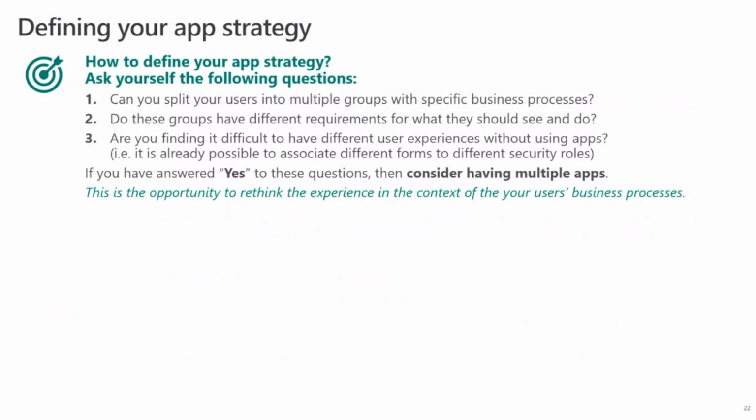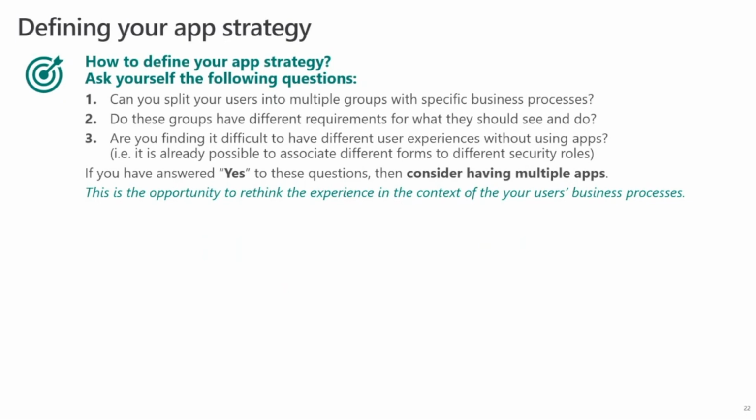Now, how to define your apps? I suggest that you ask yourself the following questions. First one is, can you today split your users into multiple groups with specific business processes? Second, do these groups have different requirements for what they should see and do in the application? And third one is, are you finding it difficult to have different user experience without using apps today?